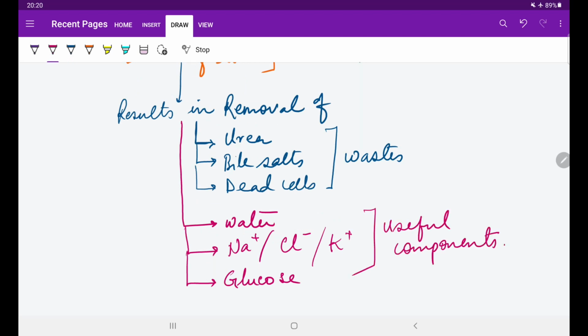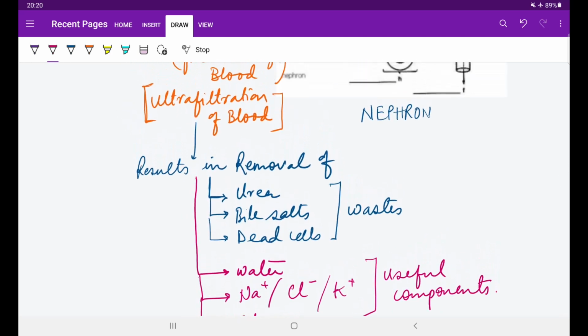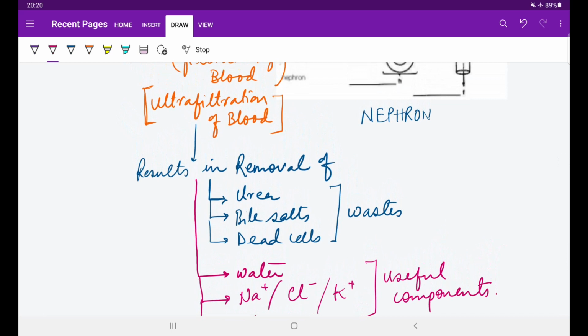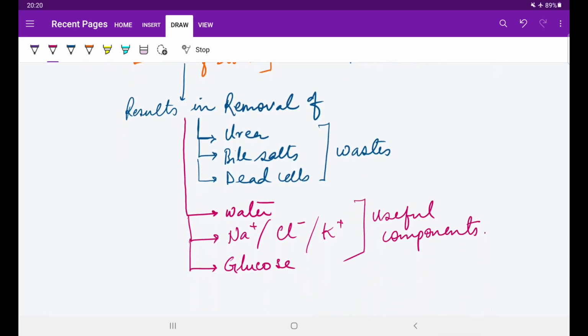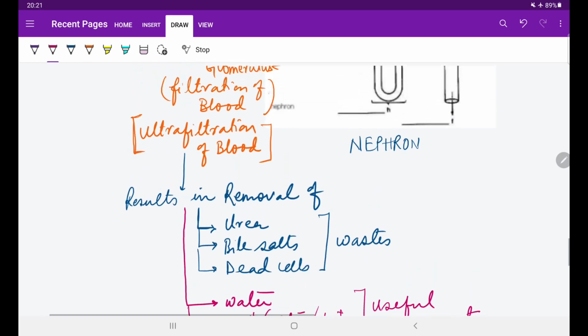This all happens because of the high pressure of the blood going into the glomerulus. Now, what is the function of the nephrons? Nephrons have to remove the waste, but they also have to reabsorb the useful components back into the blood. So, let us now proceed further.